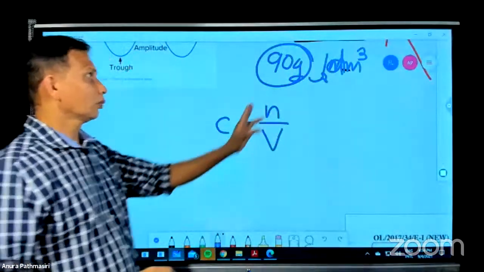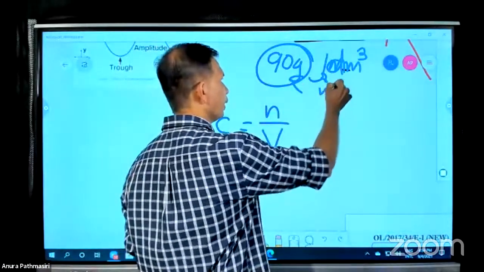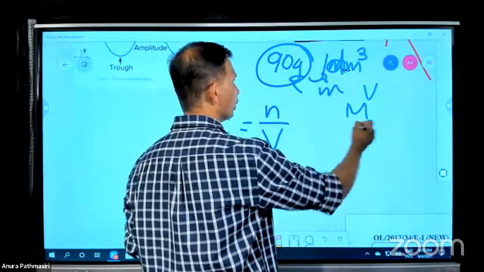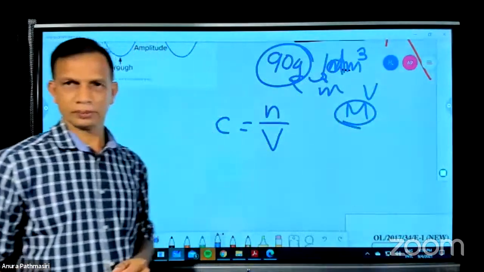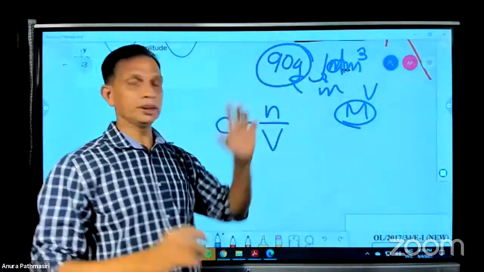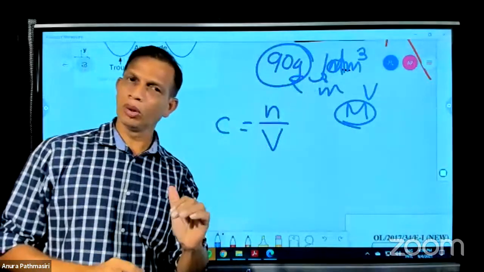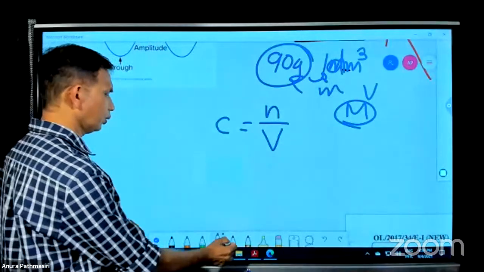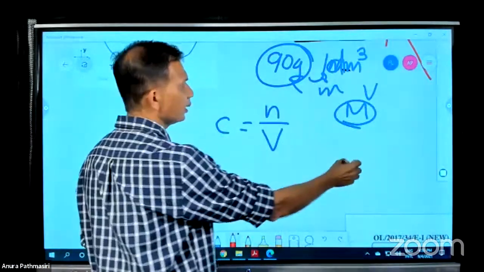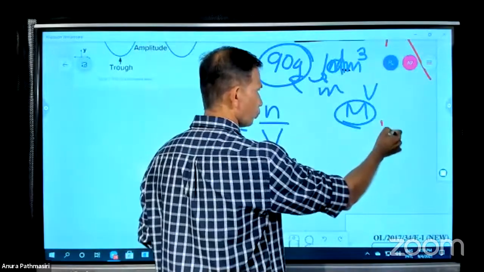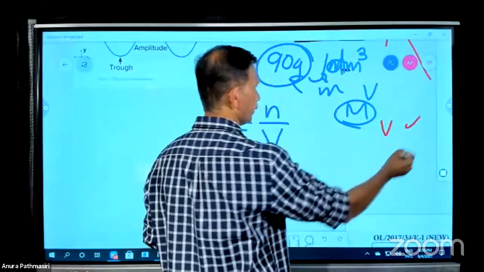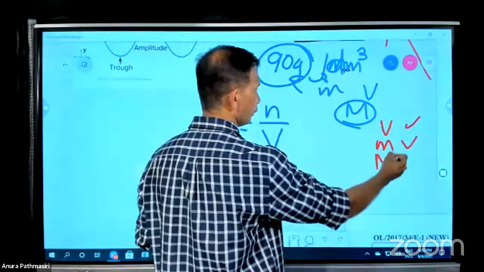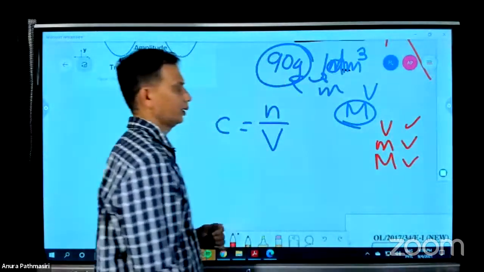That means we have to consider the mass, volume, and molarity. But we have not been given the number of moles available. In that case, we want to consider these 3 things: volume required, given mass required, molar mass required.